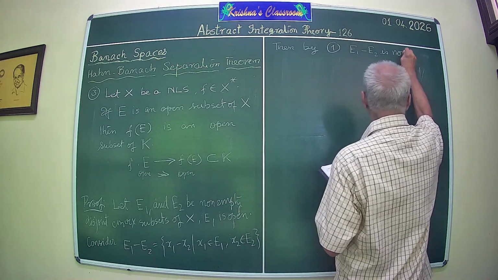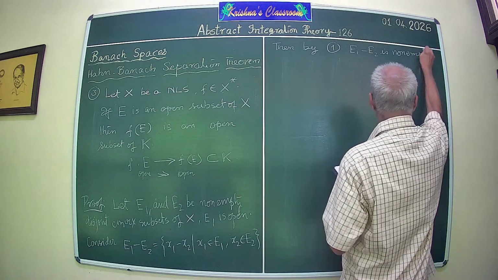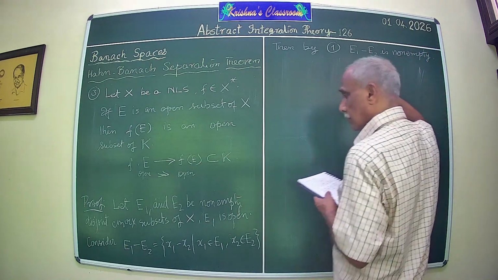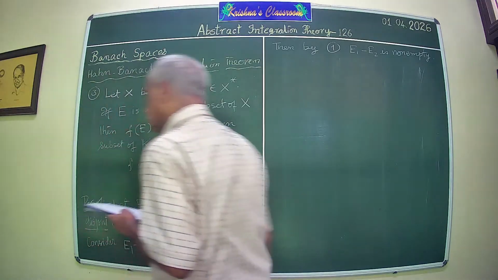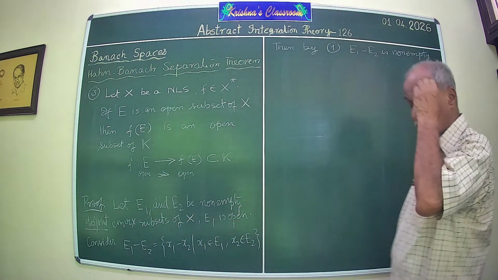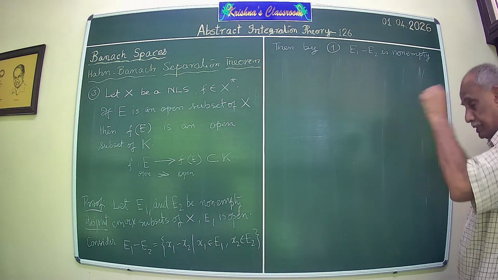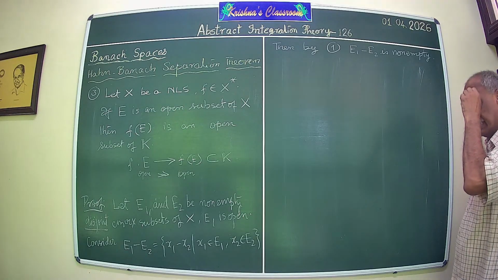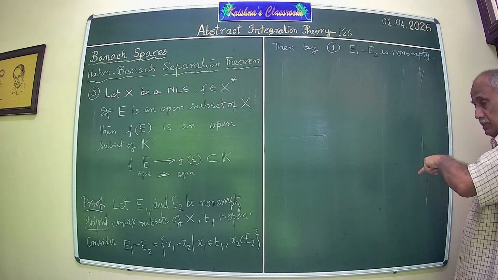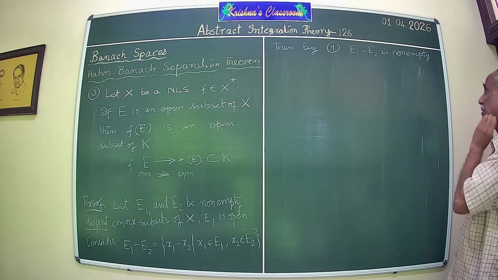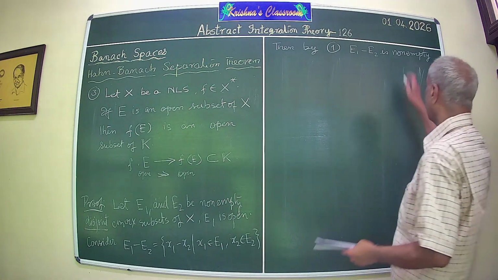First of all, why is it non-empty? Because they are disjoint. So if you have an x, there is no other x in the other set so that their difference is 0. It's not there. So it is non-empty.